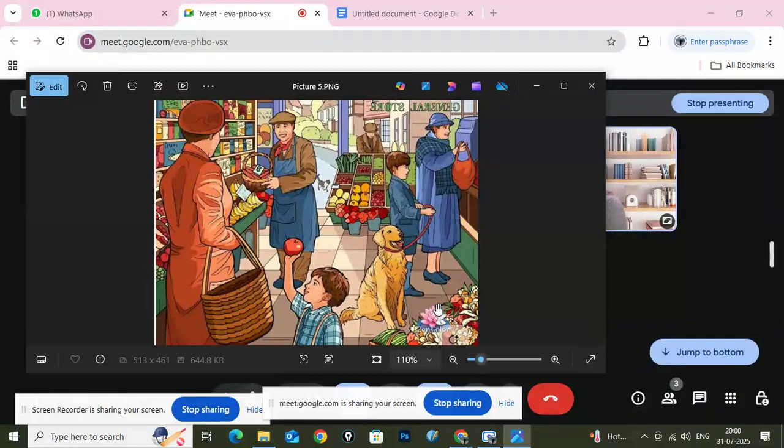Then we have to use zuo also. Kau zuo zai shang tian. Kau zuo zai. And if you have to say inside the shop, zuo zai shang tian li mian. That would become inside the shop.